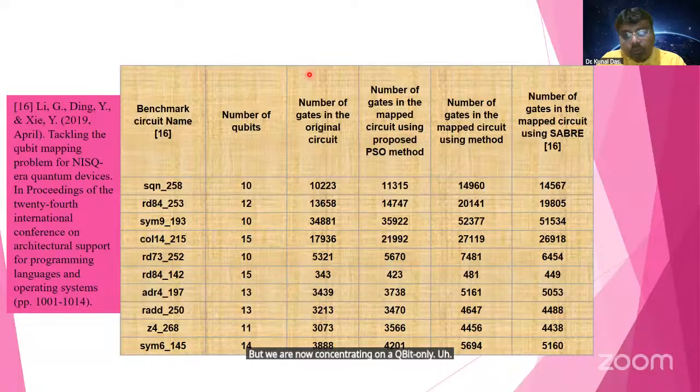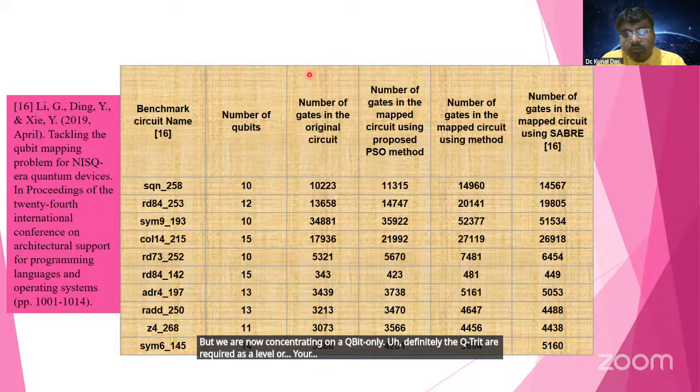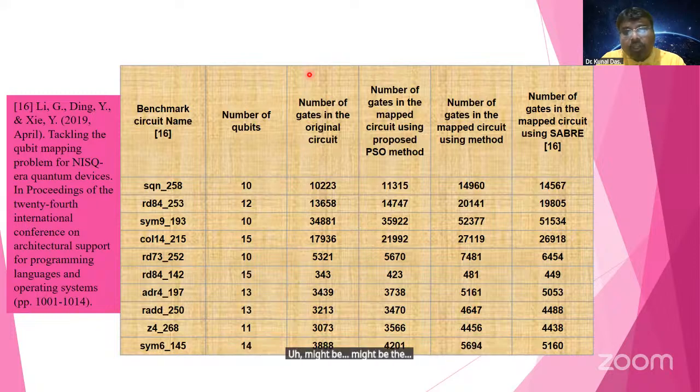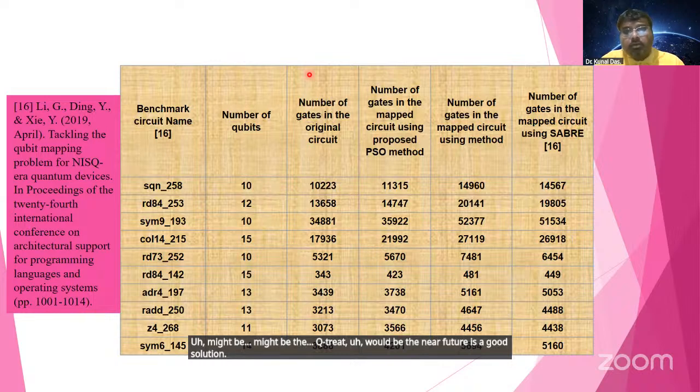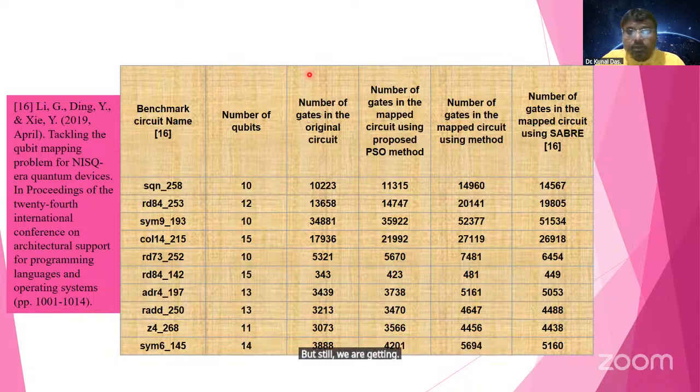Definitely, qubits are required as the level increases. So it's your correct answer. Qubits might be a good solution in the near future. But still we are getting qubits, so hardware with qubits is available. The current problem is using the qubits only.